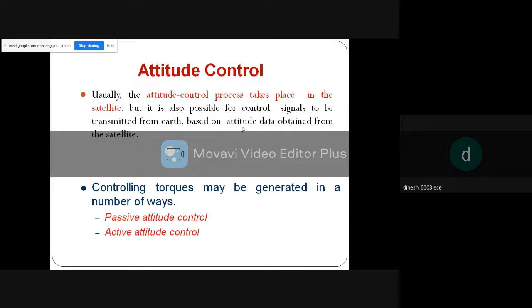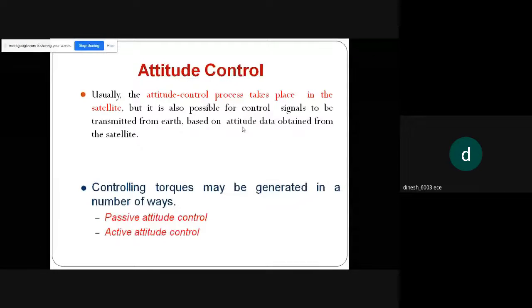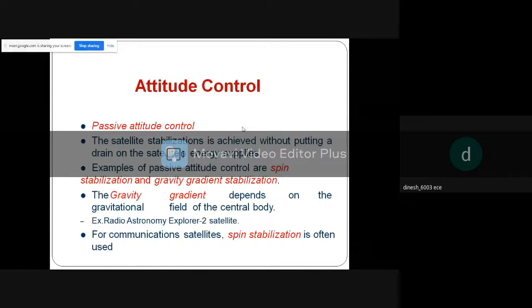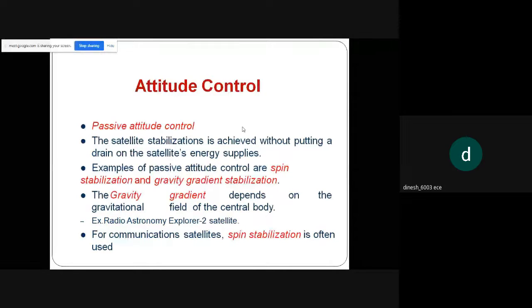Then these controlling torques can be generated in a number of ways. One is passive attitude control and the other is active attitude control. So let us see what passive attitude control is. For example, in the Radio Astronomy Explorer 2 satellite, spin stabilization is often used.